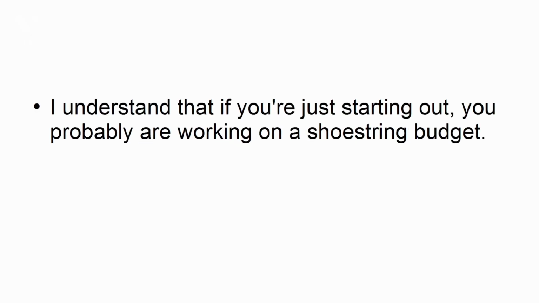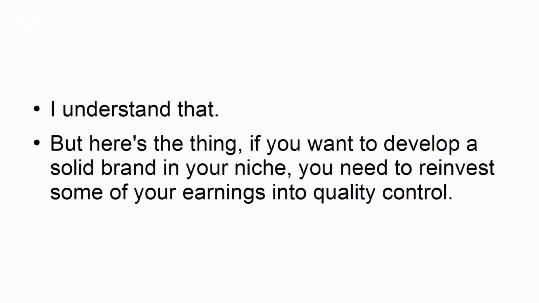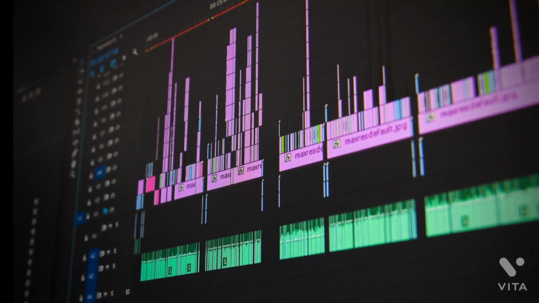Sound engineering and editing. I understand that if you're just starting out, you probably are working on a shoestring budget. You just don't have enough money to come up with the very best videos. I understand that. But here's the thing. If you want to develop a solid brand in your niche, you need to reinvest some of your earnings into quality control. The best way to do this is to invest in sound engineering or video editing.